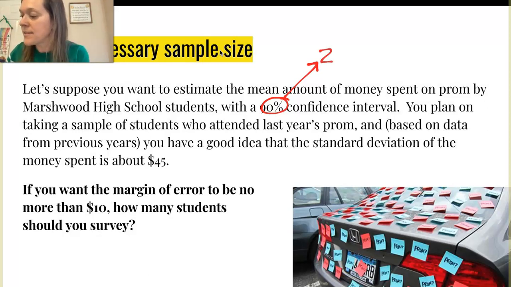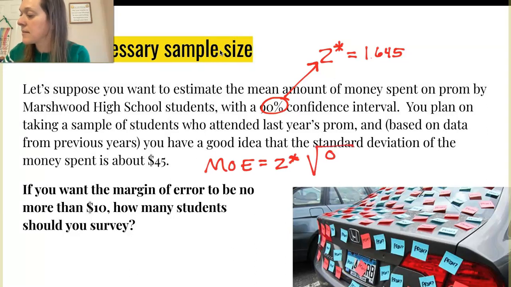For 90%, our z-crit value using your calculator is 1.645, right? And we know our margin of error is equal to our z-crit times sigma over the square root of n. We want our margin of error to be no more than $10.